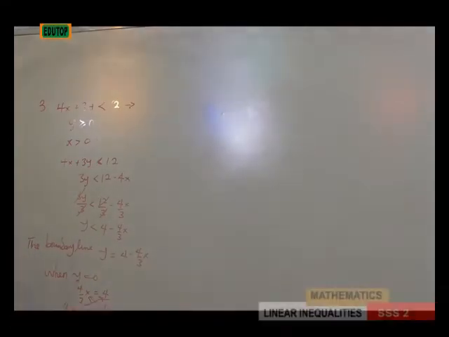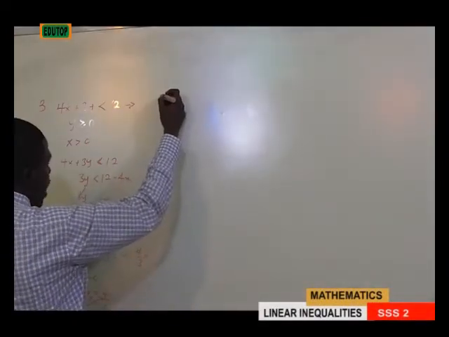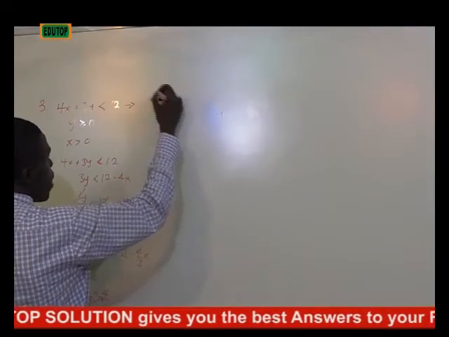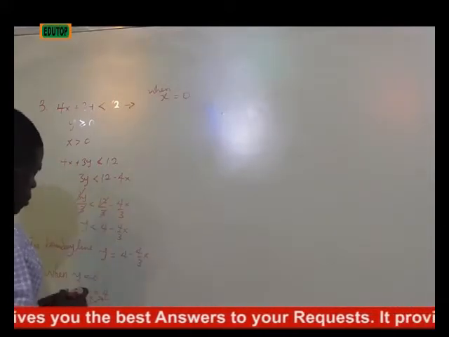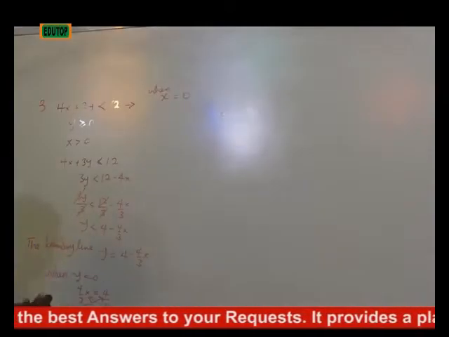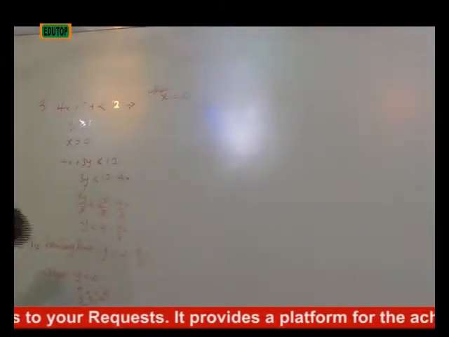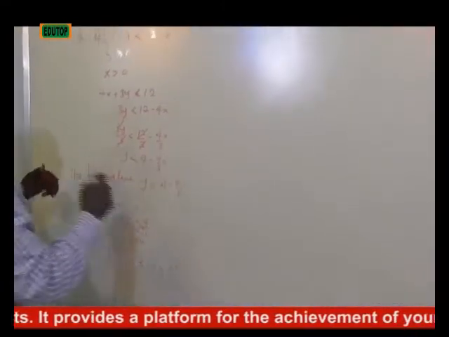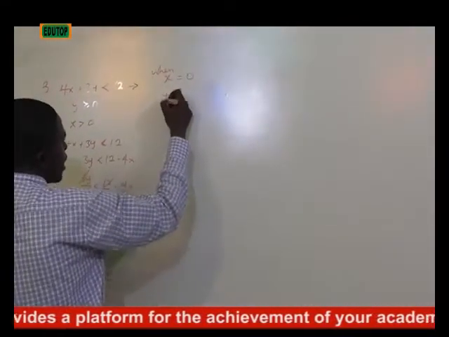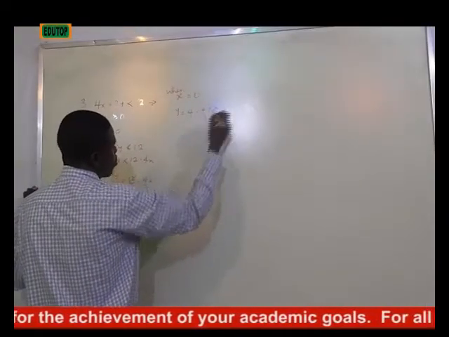That's our first coordinate. Then the second coordinate is when x is equal to 0. So when x is equal to 0, we substitute the value of x into this boundary line. And if we do that, we have y equal to 4 minus 4 over 3 into 0.